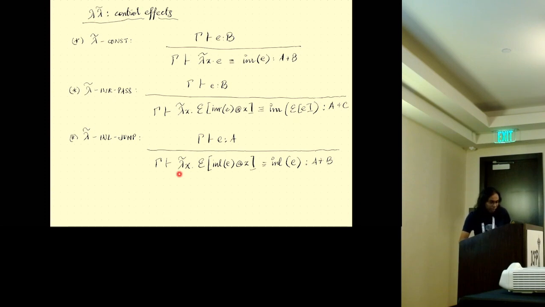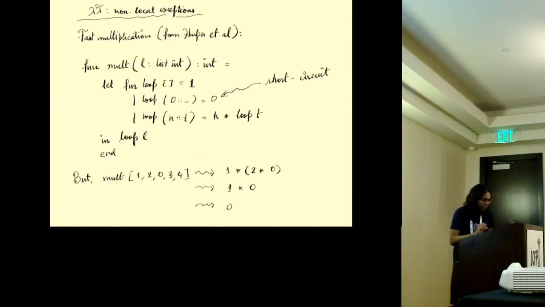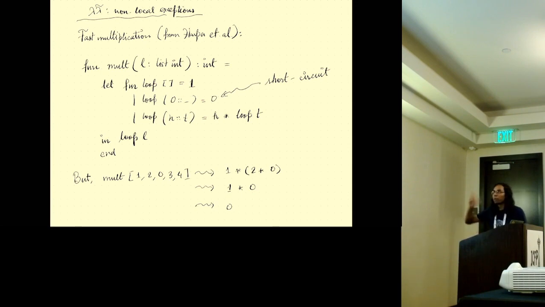If it's an in left, then an actual control effect happens, because here's an E on the left, which gets discarded. And this is a jumping effect, which discards your evaluation context. So you can write programs with call CC, and you can also write some of them using lambda bar. But I wanted to show how these are like exceptions.